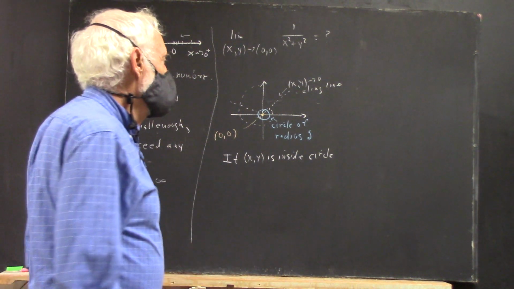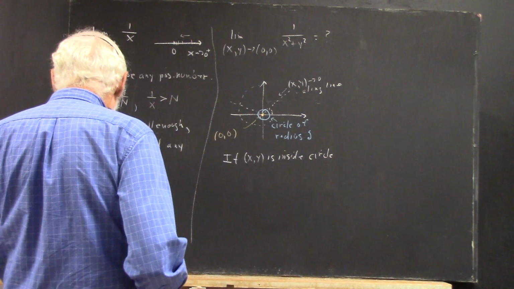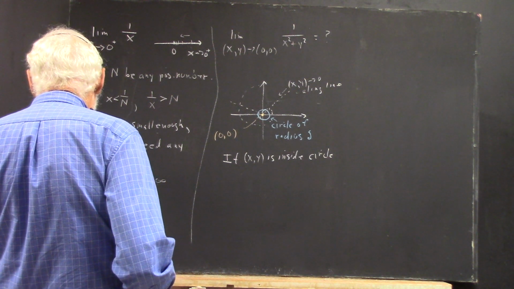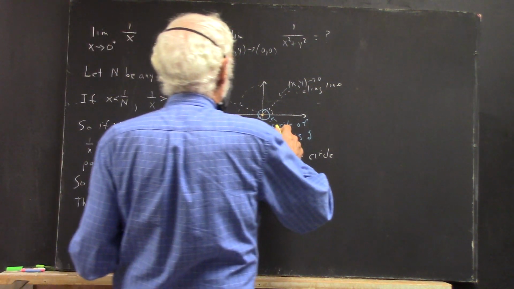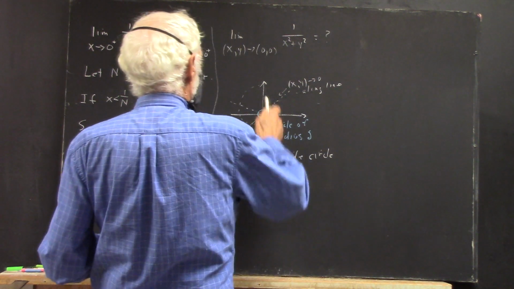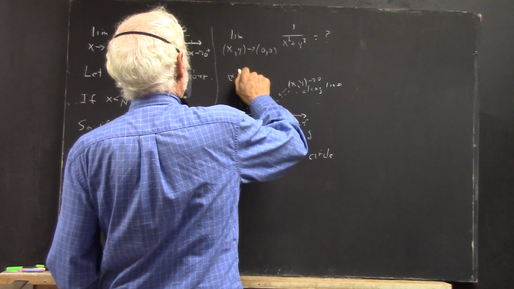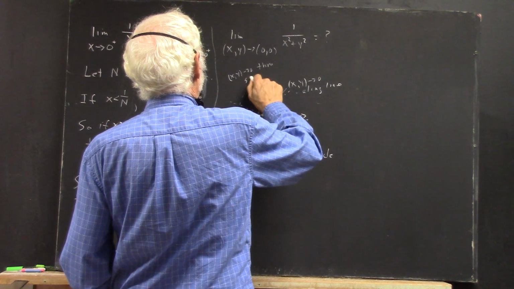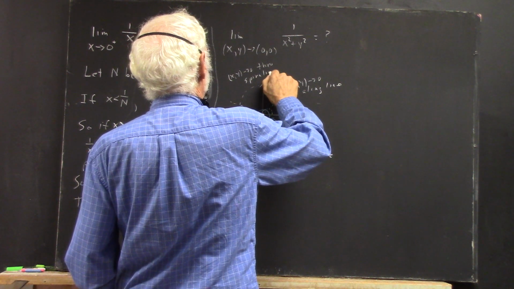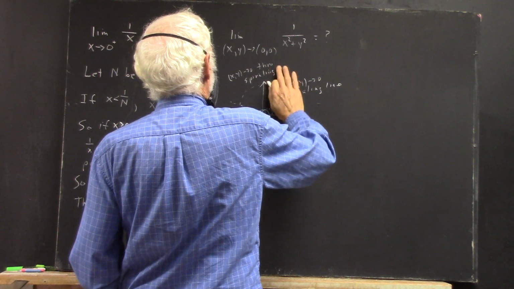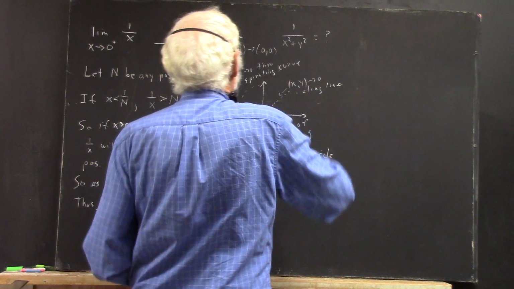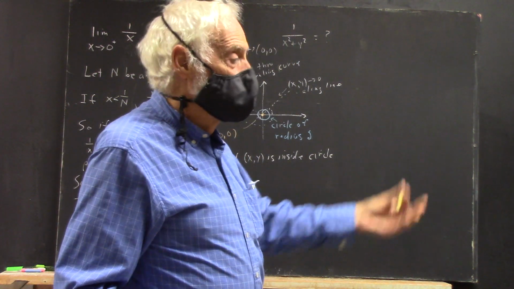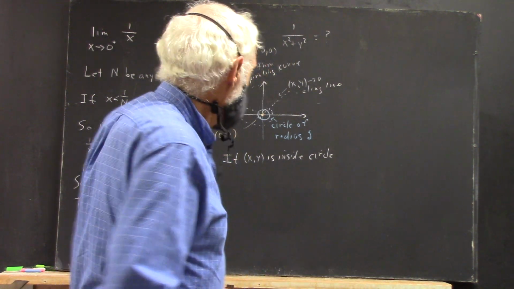It could approach 0 through a set of random points that are closer and closer to the origin. So, you parameterize any curve you want, have x, y approach 0 along that parameterized curve, as long as the curve approaches 0 as a limit.